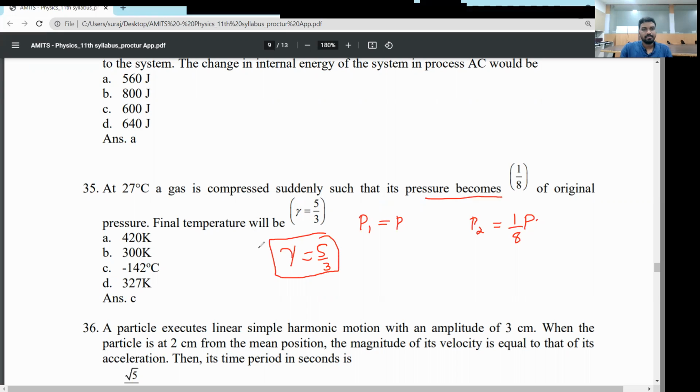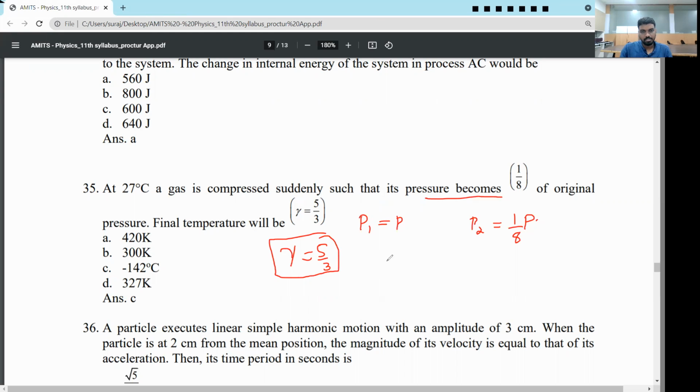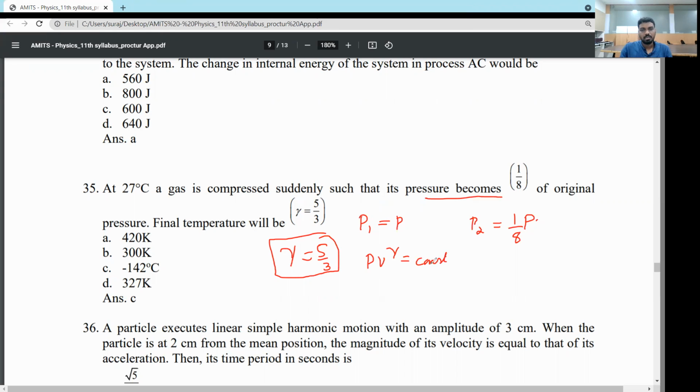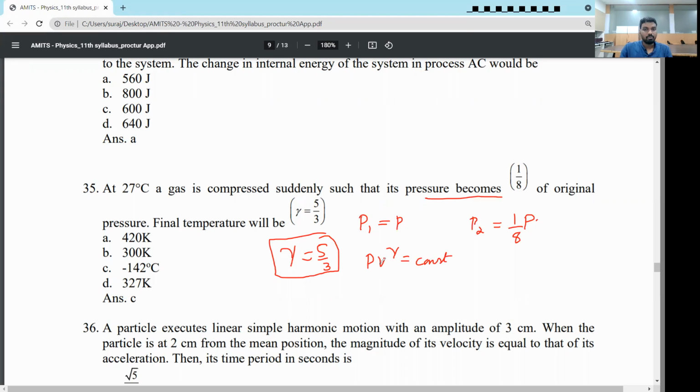Now we need a relation between pressure and temperature when gamma is given. See, PV to the power gamma is constant. I want pressure and temperature.